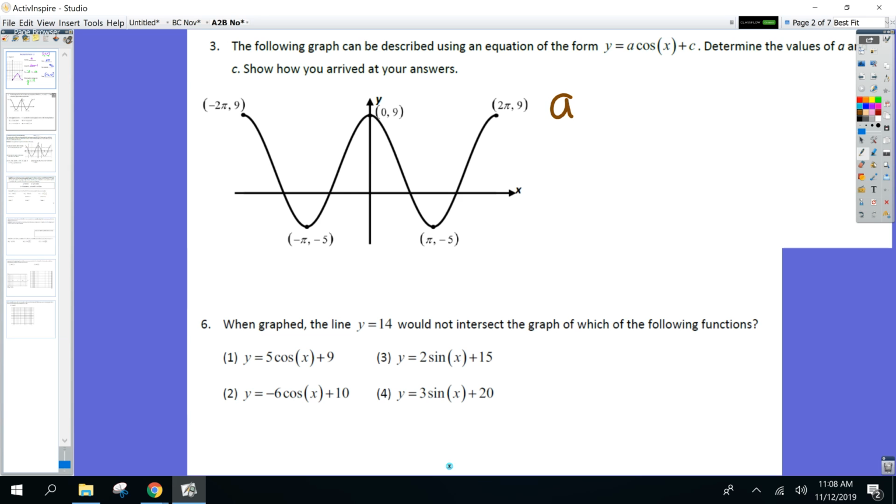I need to know what the A value is and what the C value is. And those are formulas I'd given you on Friday. A value, anybody remember the formula? They're very similar, except for the sign in between. Marissa, what was the A value formula I gave you? Max minus min divided by 2.